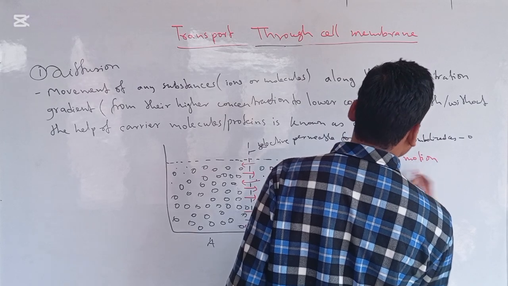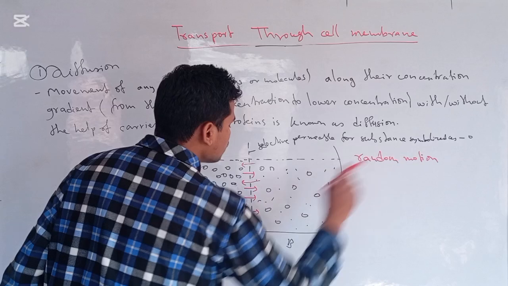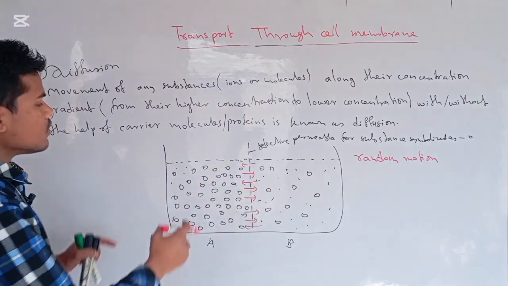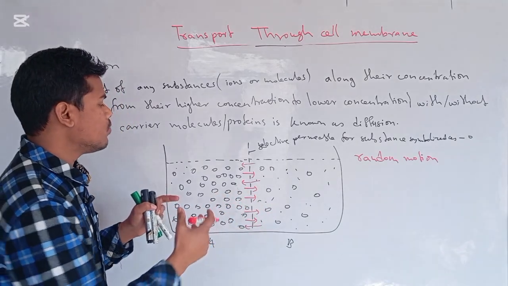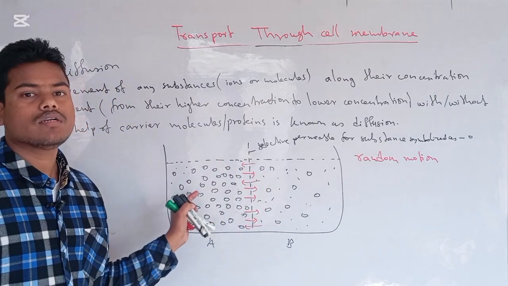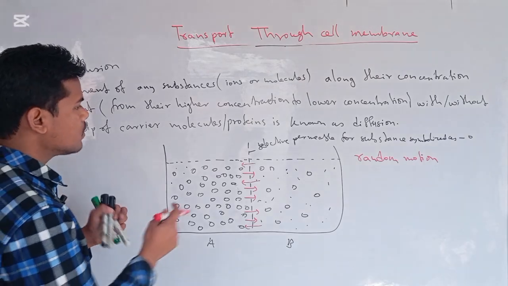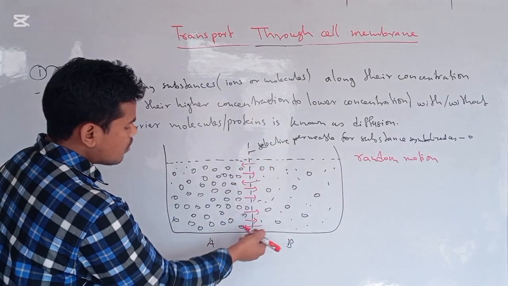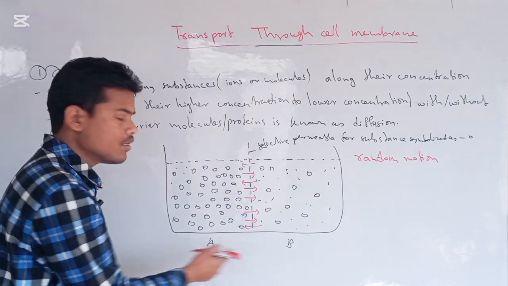Some authorities also call it constant motion. Due to random motion, each molecule will move in a different direction, and by that random motion the diffusion of a few particles will also occur from B to A.